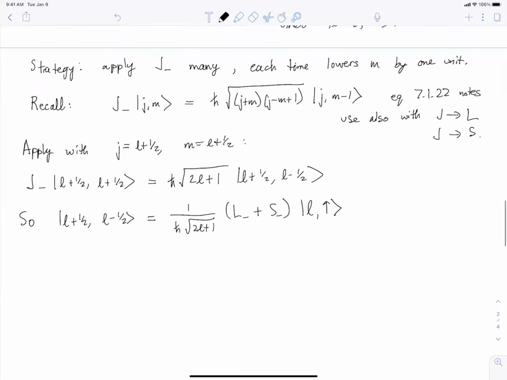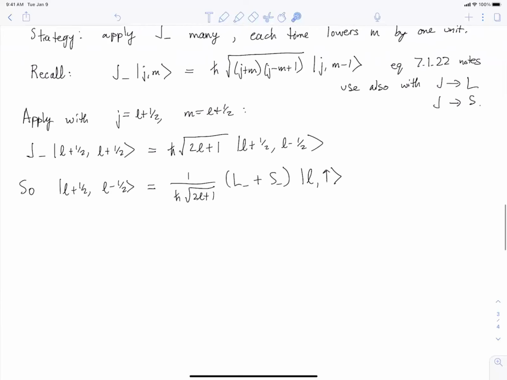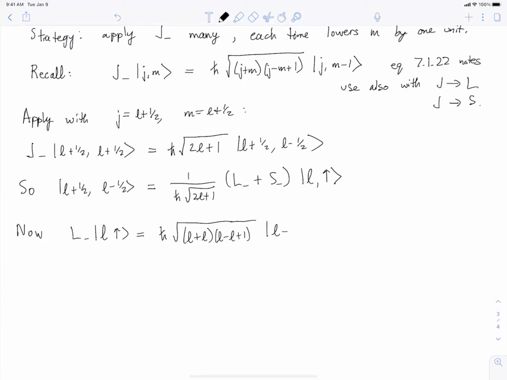Okay, now we're going to use the same formula here with J is L and J is S. And so we write that as follows: L minus acting on L up arrow is equal to h bar square root of (L plus L)(L minus L plus 1) times L minus 1 down up arrow.